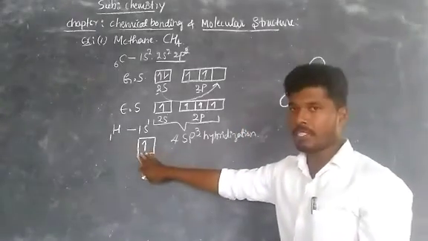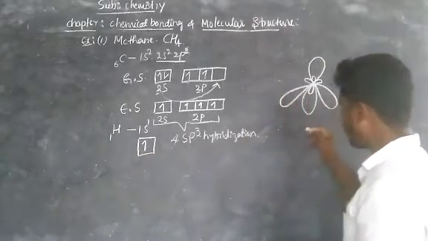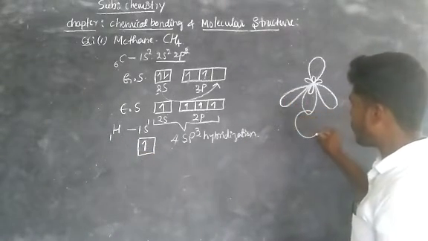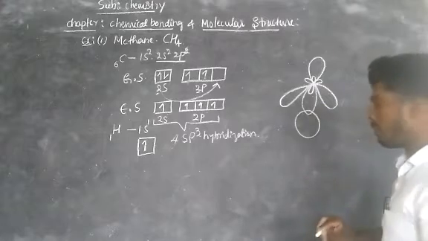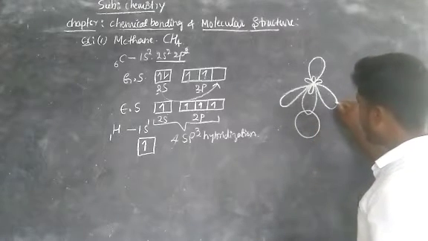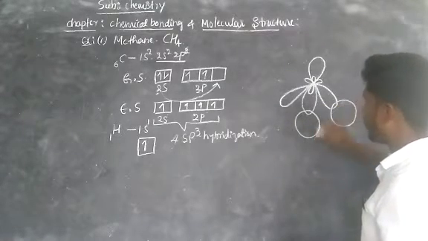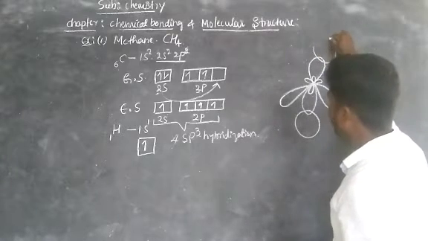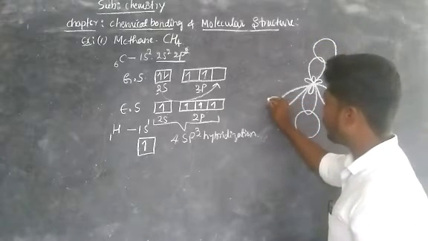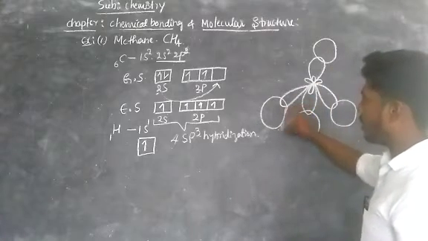Now here there are 4 s orbitals, which are spherical in shape. Now observe, one hydrogen atom's s orbital is overlapped like that. Similarly the second hydrogen atom's s orbital, the third hydrogen atom's s orbital, and here also the fourth hydrogen atom's s orbital.